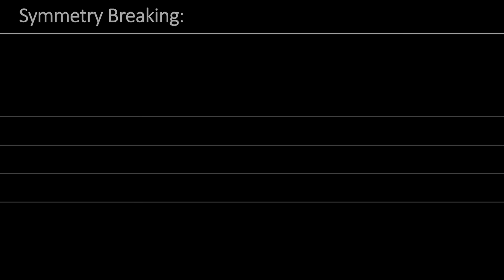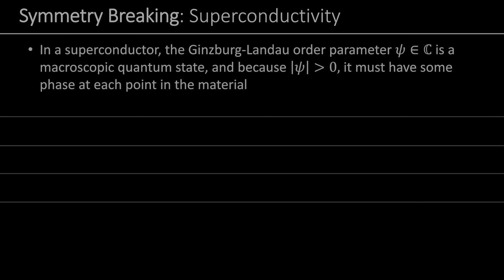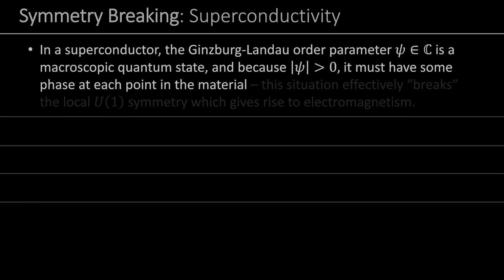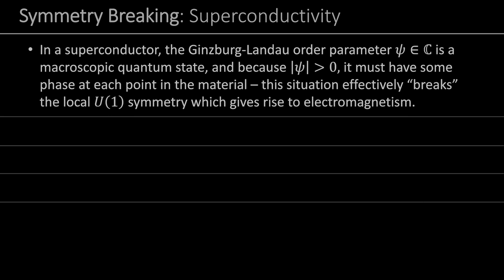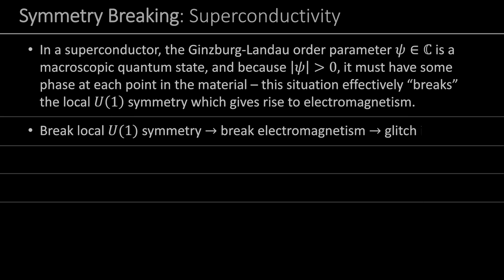So now that we've seen that local phase symmetry gives rise to electromagnetism, we can ask the question of, what happens if we break local phase symmetry? For example, this is what happens in a superconductor. But don't worry, it's not as destructive as it sounds. Actually, the local U1 phase symmetry still applies to the laws of physics in a superconductor, but the superconducting ground state is going to pick out a phase and thereby effectively break the symmetry.